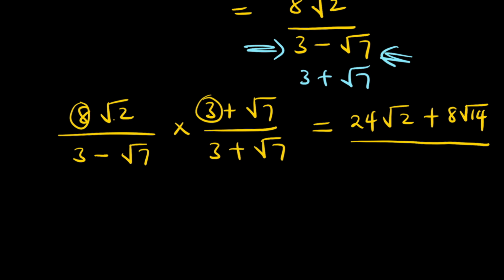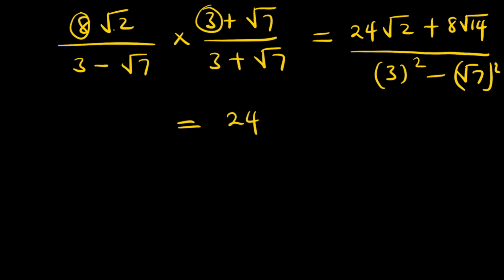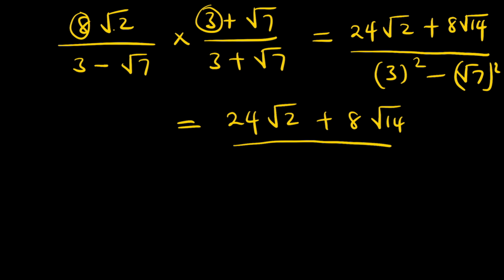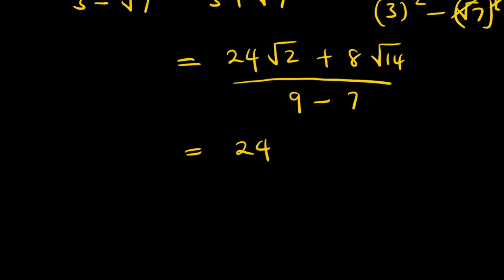Then divided by, since this will give us difference of 2 squares, this will be 3 squared minus root 7 squared. So this will give us 24 root 2 plus 8 root 14, then divided by 9 minus 7, and then we have 24 root 2 plus 8 root 14, then divided by 2.